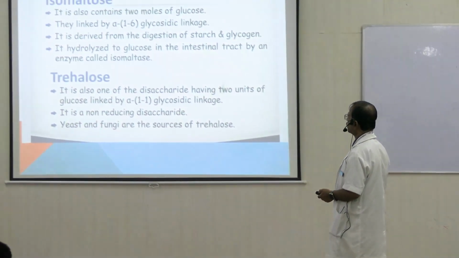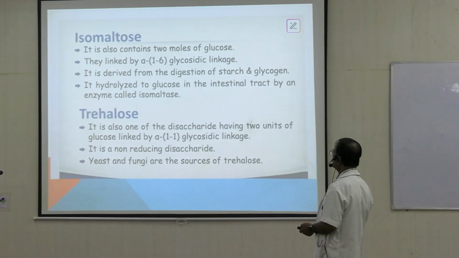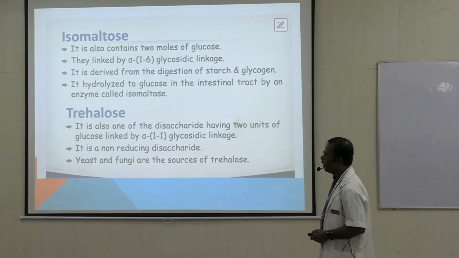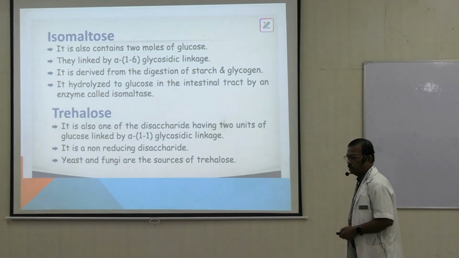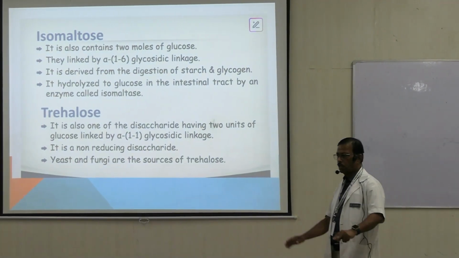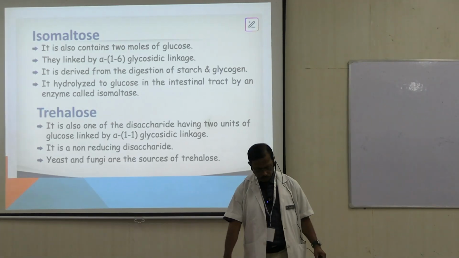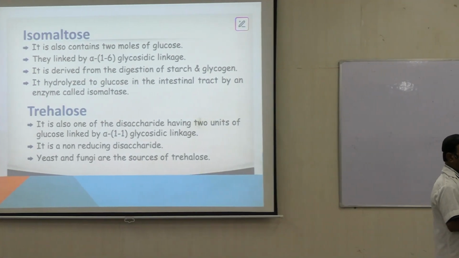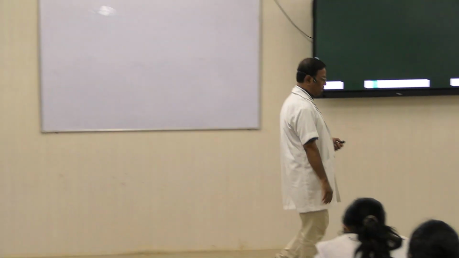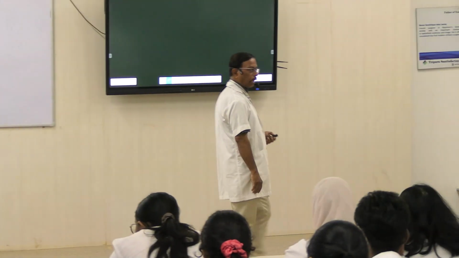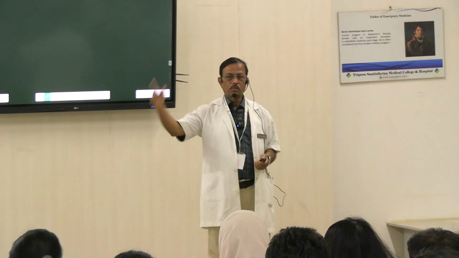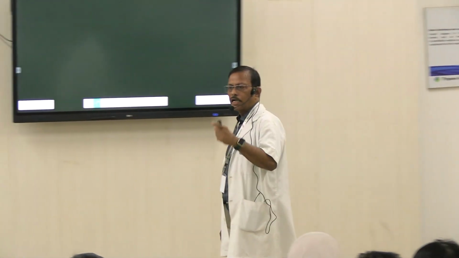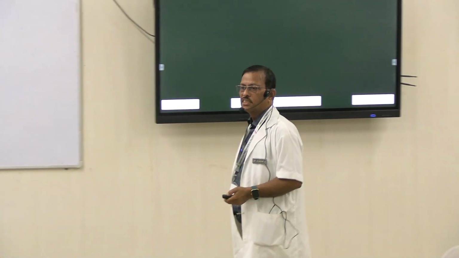Isomaltose also contains 2 moles of glucose. They are linked by alpha 1,6 glycosidic linkage. Now, in the case of the polysaccharide glycogen, as we go on hydrolyzing the glycogen molecule, it is bound by 1,4 linkage, but at the branch it will have 1,6 linkage.